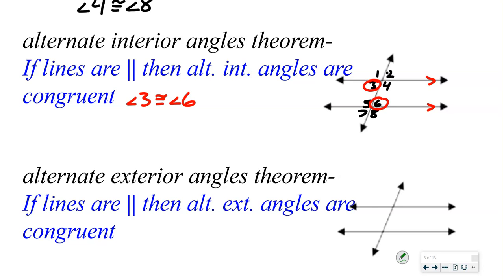But angles 5 and 4 would also be alternate interior, and they would be congruent. You can see in the picture, 4 and 5 look like they would be obtuse. 3 and 6 look like they're acute. That should also be an indication for matching up proper alternate interior angles.